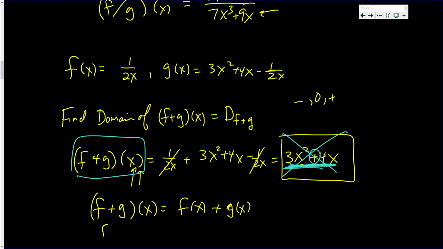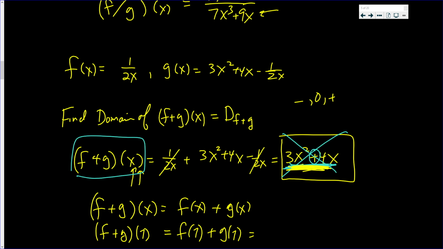If I ask you what is f plus g of 7, it's f of 7 plus g of 7. It is not exactly like, oh, I'll just plug in 7 for x here.